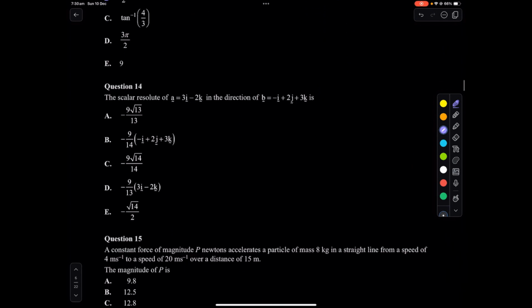Nice. Question 14. The scalar resolute of A in the direction of B is what? Well, that's easy. It's just going to be A dot B over the magnitude of B. This is your equation. So what is A dot B? In this case, A dot B is 3 times -1, which is -3, and -2, so it'll be -6, and this one, which is going to give us -9. And the magnitude of B is what?